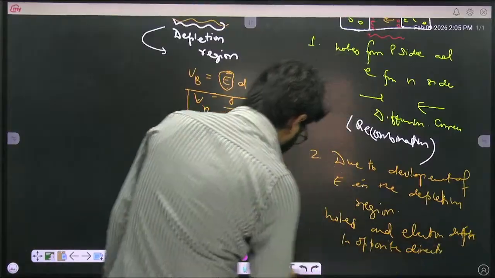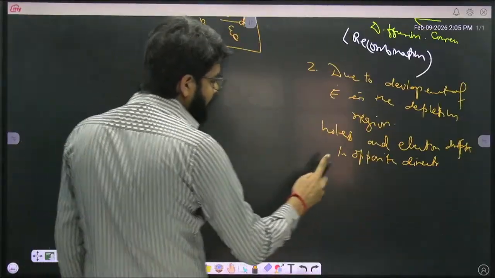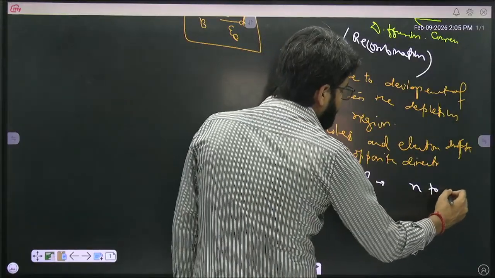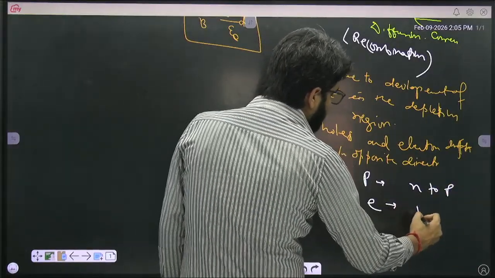That is, holes will move from N to P and electrons will move from P to N.